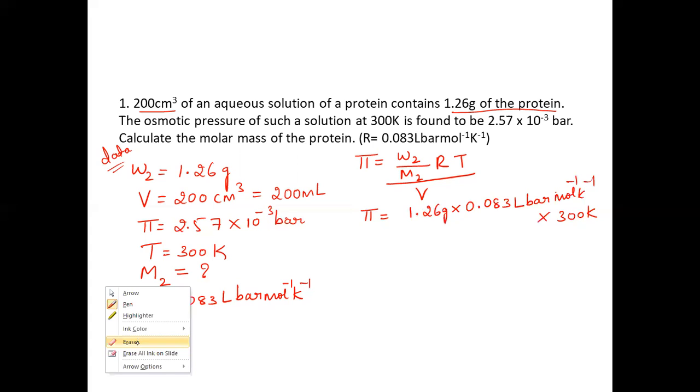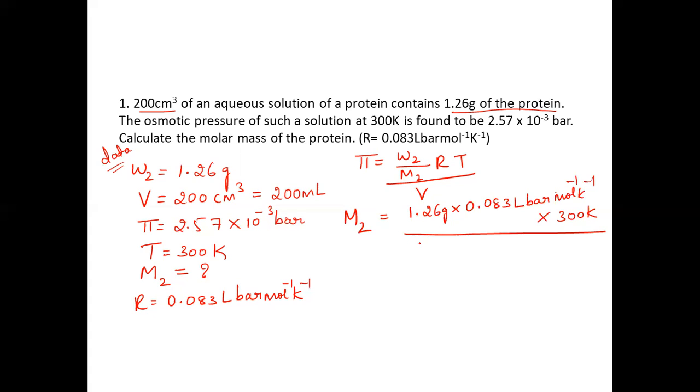Since the pi value is given, I will substitute it. When we rearrange, the M2 will come here and the pi will go to the denominator on the RHS. So I'll write M2 here. In the numerator, W2, R and T values are substituted, divided by the pi value 2.57 into 10 to the power of minus 3 bar pressure, into volume, 200 ml.